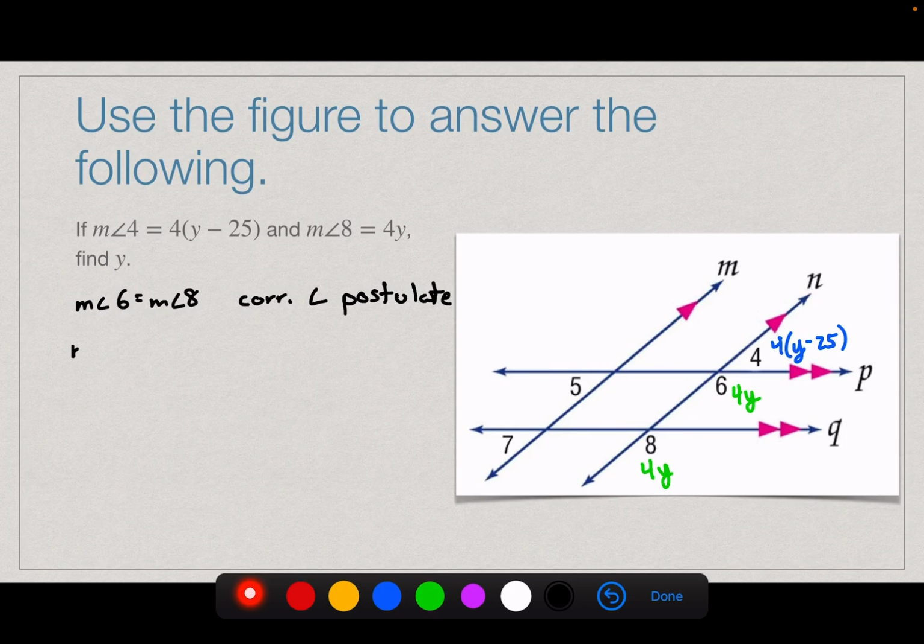And so we can say that the measure of angle 4 plus the measure of angle 6 is equal to 180 because they are a linear pair.